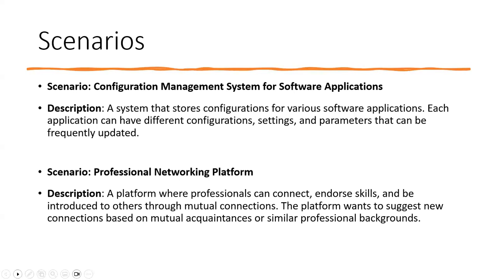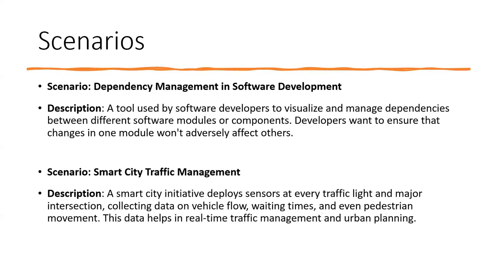All right, let's see another scenario. A tool used by software developers to visualize and manage dependencies between different software modules or components. Developers want to ensure that changes in one module won't adversely affect others. Now, think dependency management in software development. See what actually is happening.